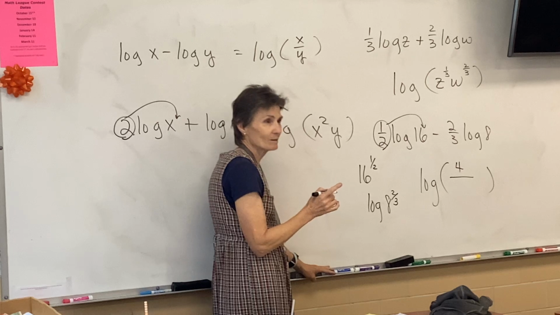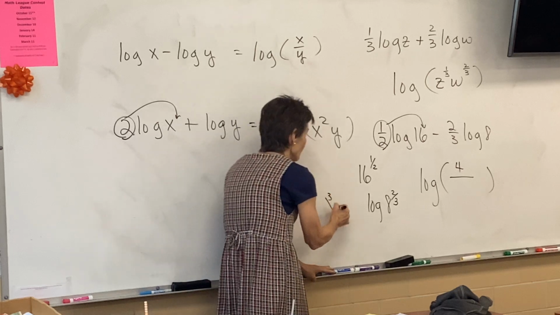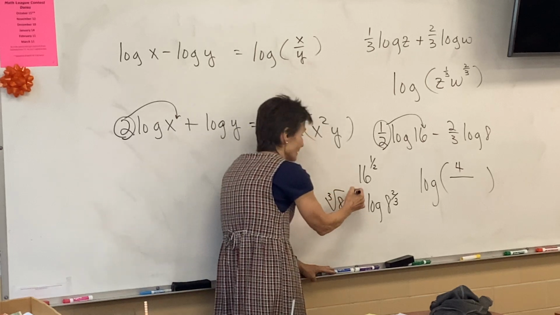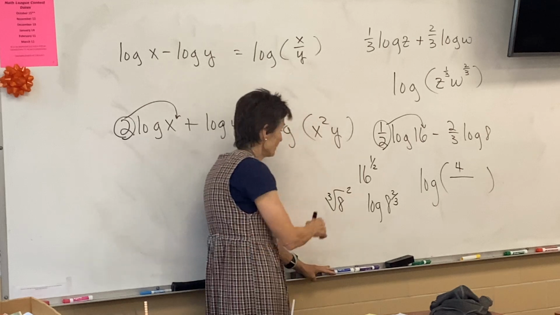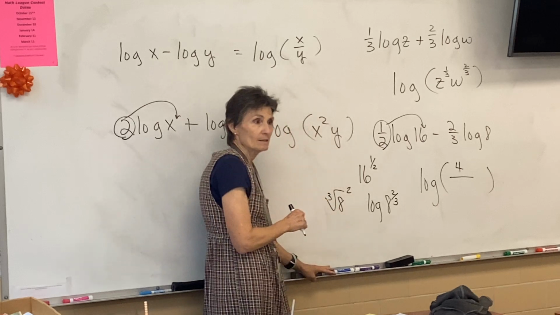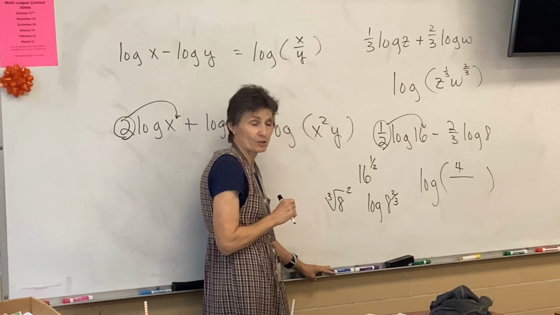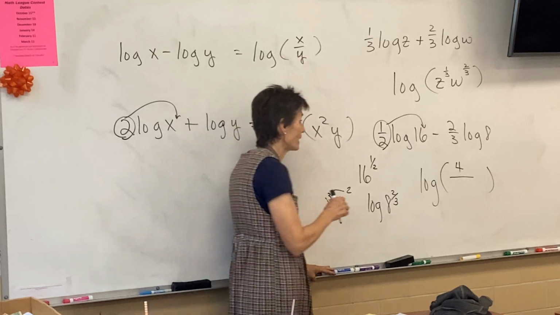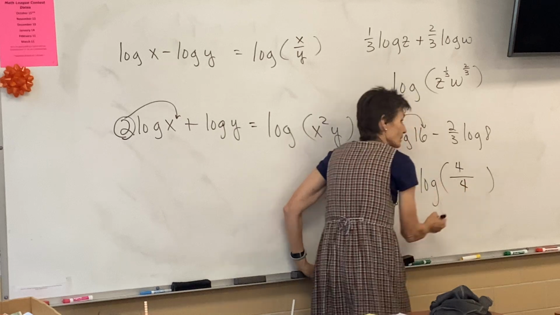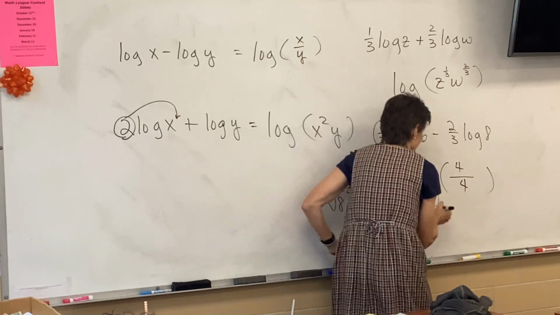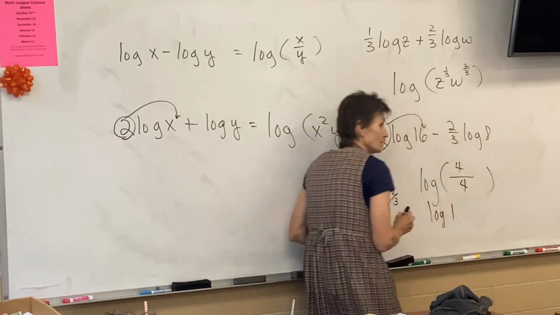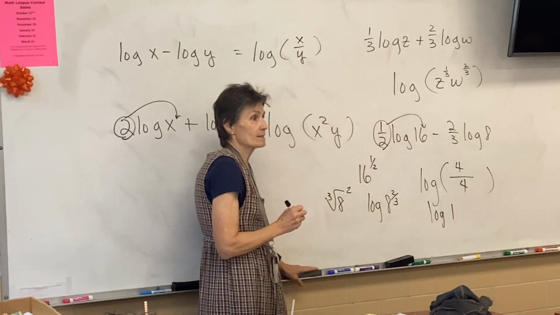You just took a quiz. What does that mean? The cube root of 8 squared. The cube root of 8 is? The cube root of 8 is 2, and 2 squared is also 4. So when you said it's the log of 1, you are right.